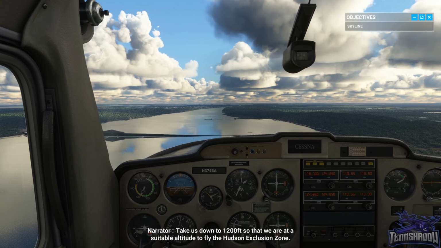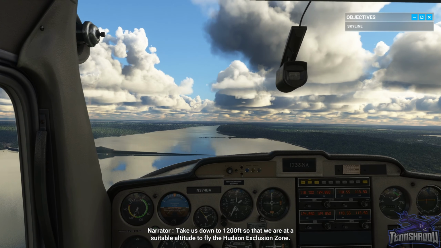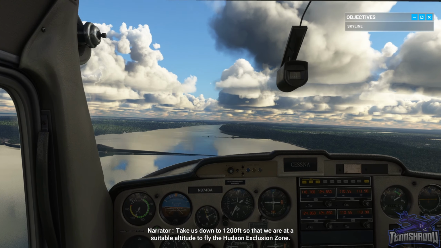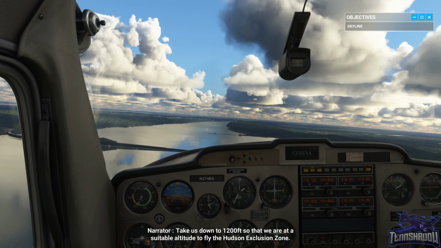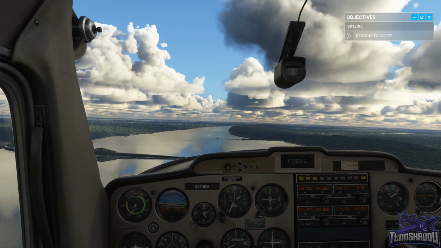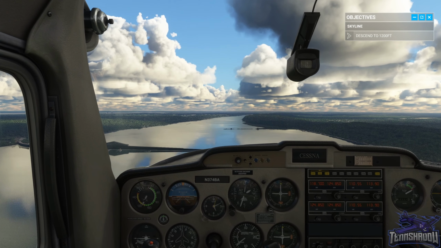Take us down to 1,200 feet, so that we are at a suitable altitude to fly the Hudson Exclusion Zone. Alright, we'll drop down to 1,200 feet, but it's already bumpy up here.